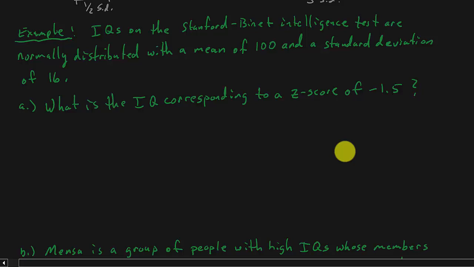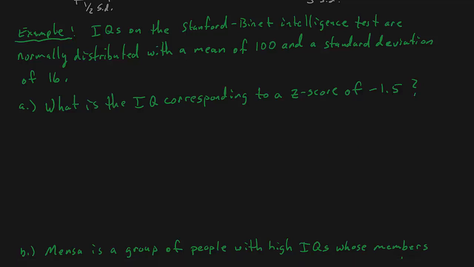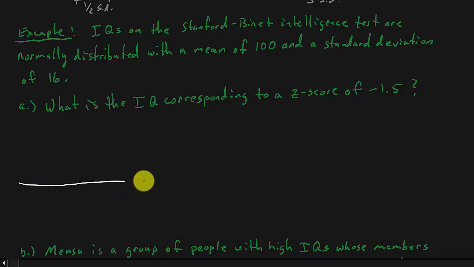So what about this: IQs on the Stanford-Binet intelligence test are normally distributed with a mean of 100 and a standard deviation of 16. What is the IQ corresponding to a z-score of negative 1.5? All right, so let's look at that. Let's draw the curve.